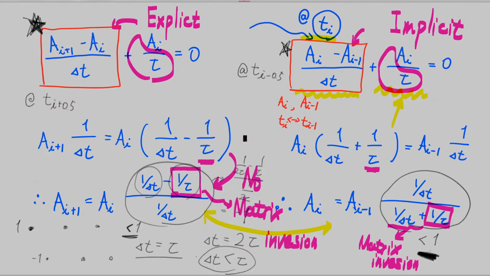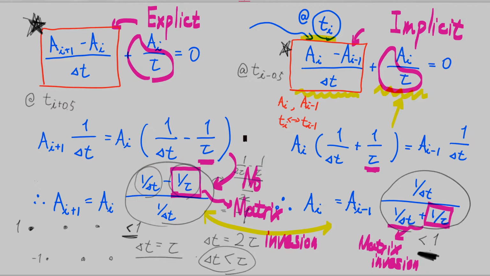So now you have to invert a slightly modified Jacobian matrix. However, in the case of your explicit time marching, you don't have to invert your Jacobian matrix. So that is the huge difference.